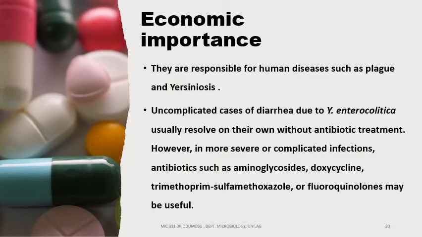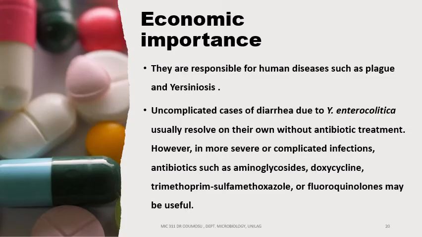In terms of economic importance, they are responsible for human diseases such as plague and yersiniosis. Uncomplicated cases of yersiniosis will be due to enterocolitica, which may resolve on its own, with or without the use of antibiotic treatment.